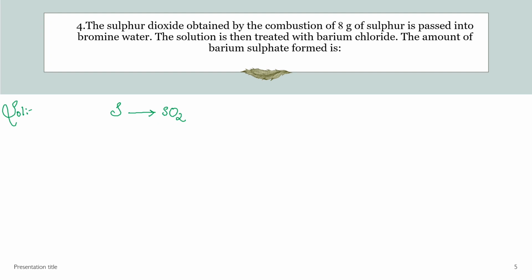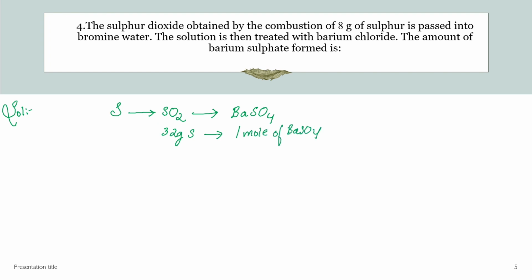And from here it is passed into bromine water and it forms BaSO4, that is barium sulfate. So here in the question they have given that 32 grams of sulfur is required for 1 mole of BaSO4.